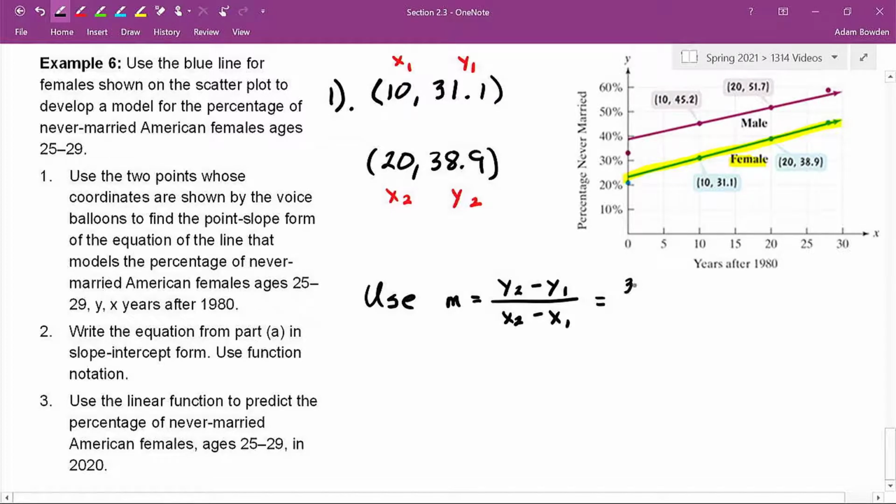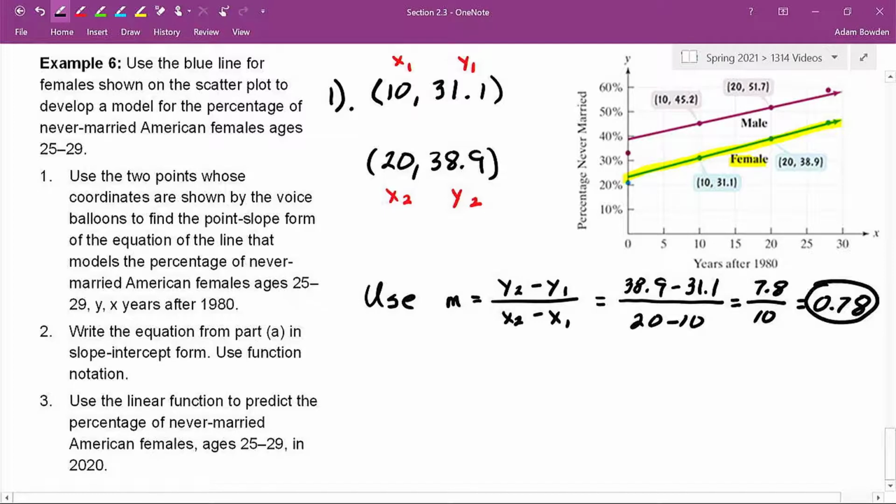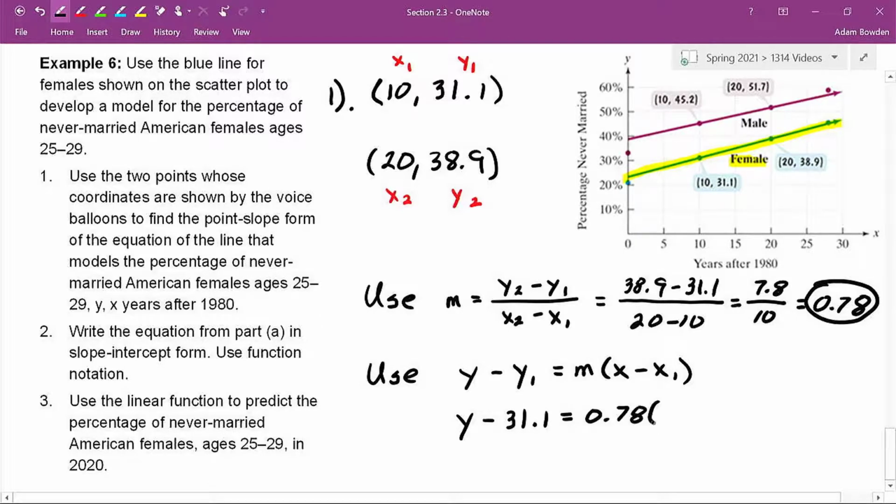So that would go 38.9 minus 31.1 divided by 20 minus 10. That equals 7.8 divided by 10, which is 0.78. Now, in order to get the equation for the line passing through these points, we're going to use the point-slope form. So we'll plug in for y1 and get y minus 31.1 equals, for m, 0.78, times x minus 10.